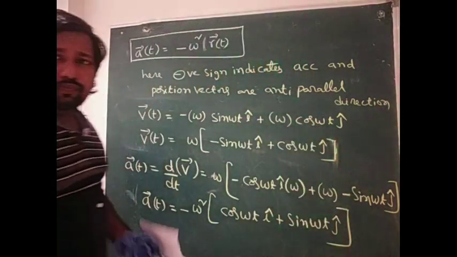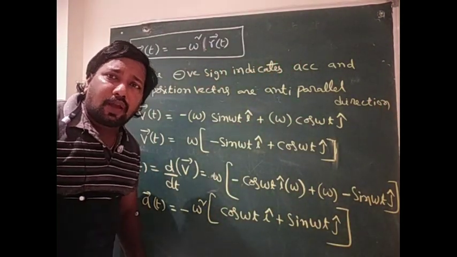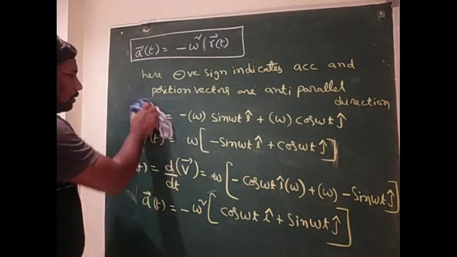So now the dot product of velocity and position vector.